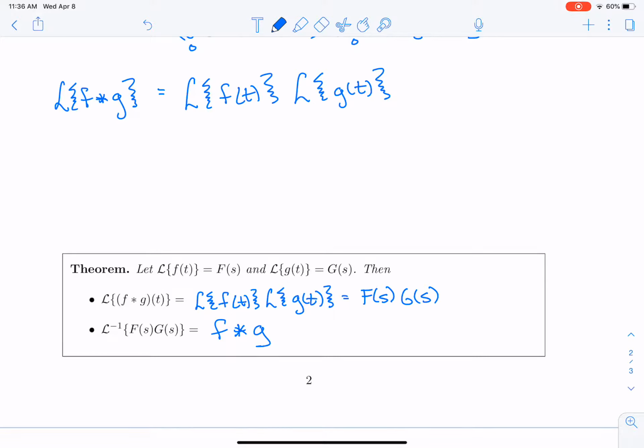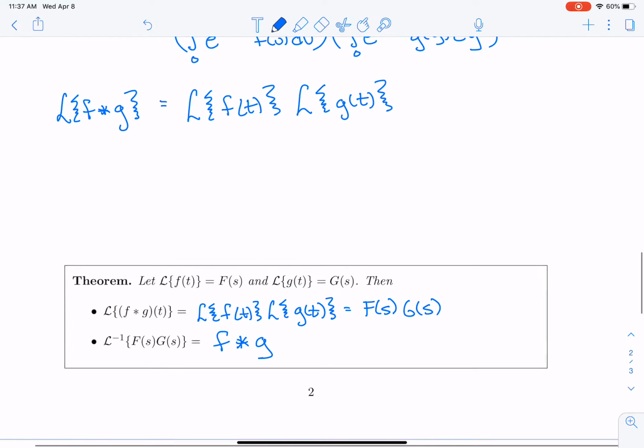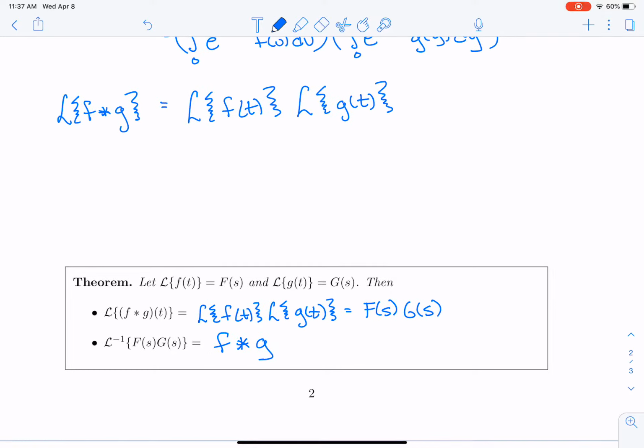And you can see how F star G is the product in one space, and then the natural product, just multiplication, is the product in the other space. Now, if that word homomorphism means nothing to you, that's fine. Don't worry about it, but I just wanted to point it out to some of the math students.